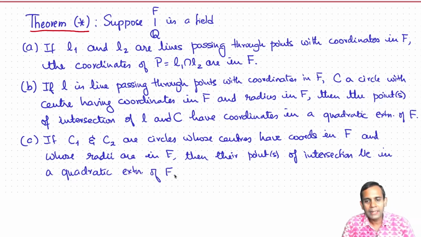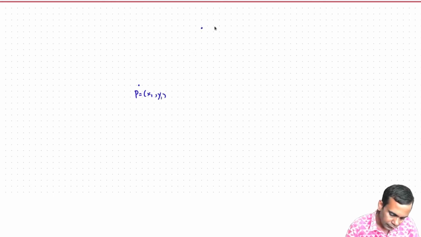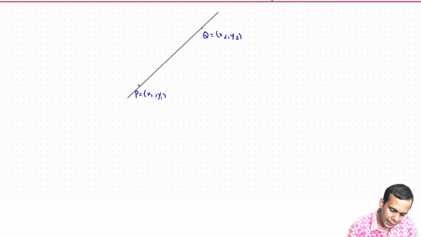Okay, so part A is rather simple. What you have to do is, if you have two points, P equals x1, y1, and Q equals x2, y2, then this line L that passes through them has its points given by an equation like this.